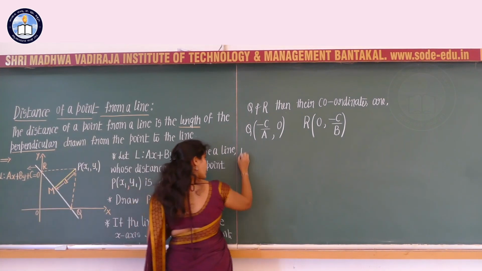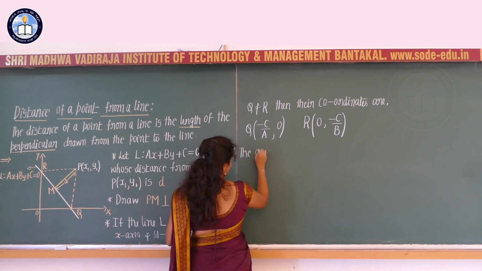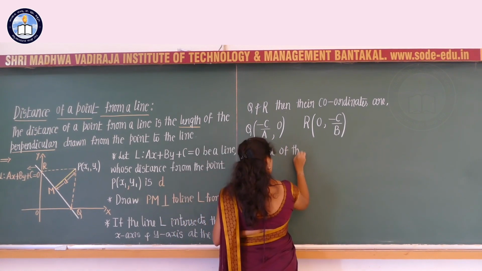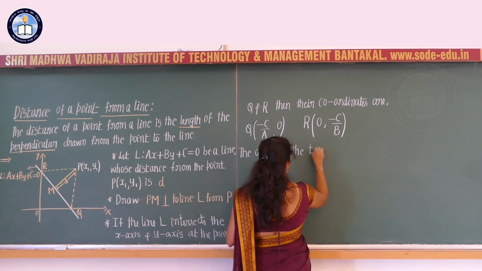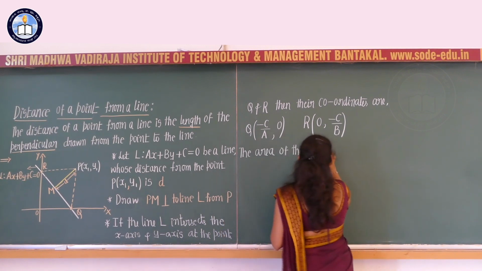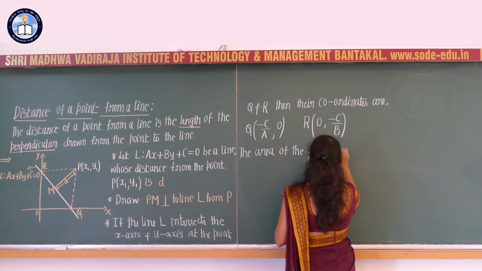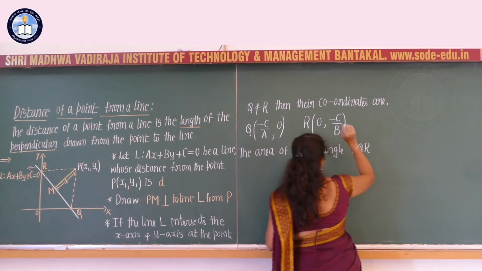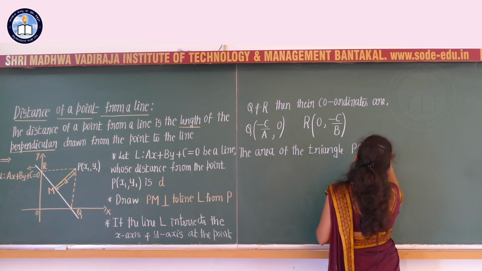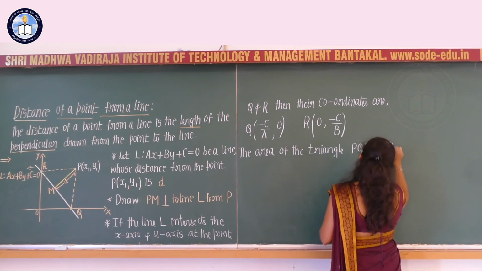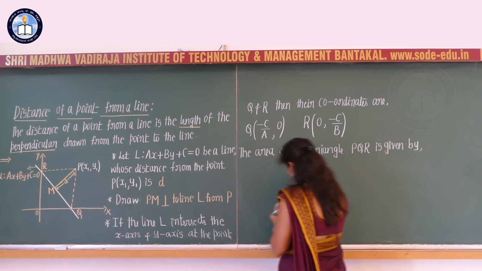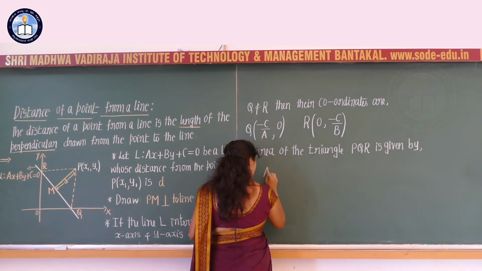The area of the triangle PQR is given by, how to write?